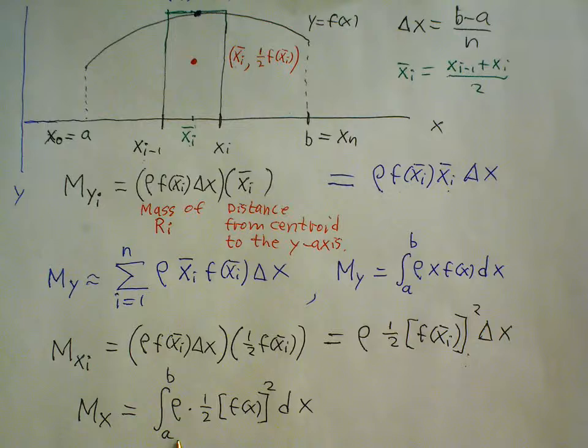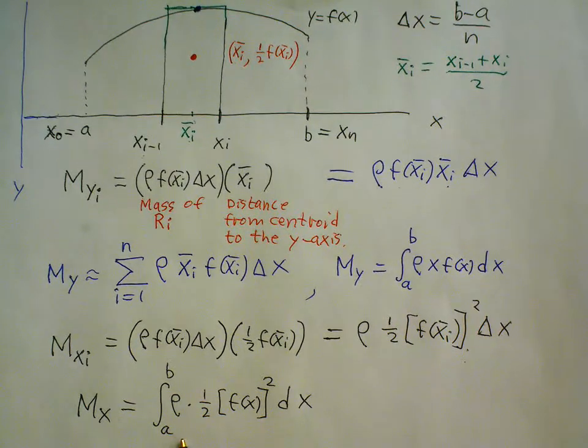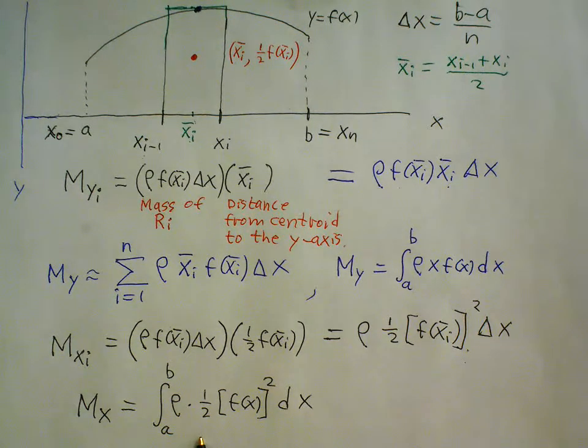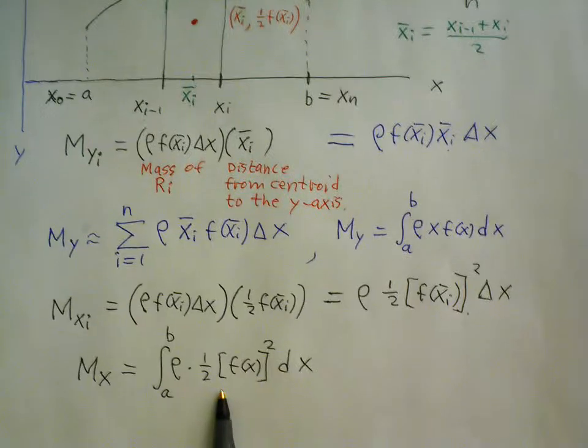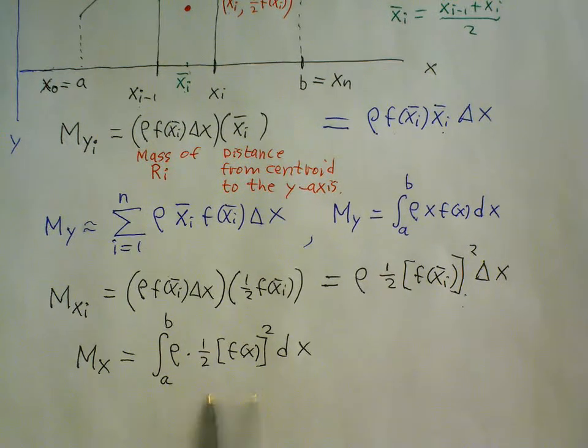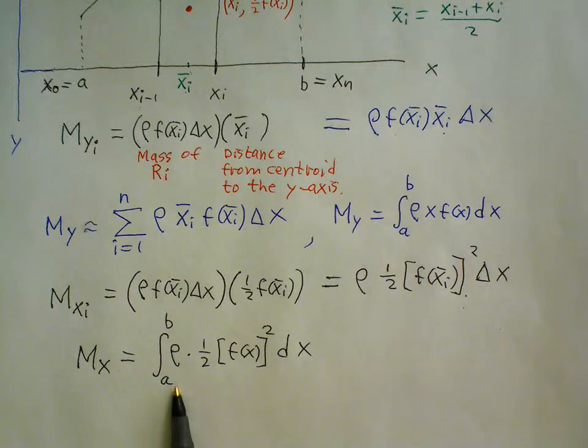And then the moment of the region about the x-axis is this formula. It's the definite integral of rho times 1/2 times the square of f of x dx from x equals a to b.